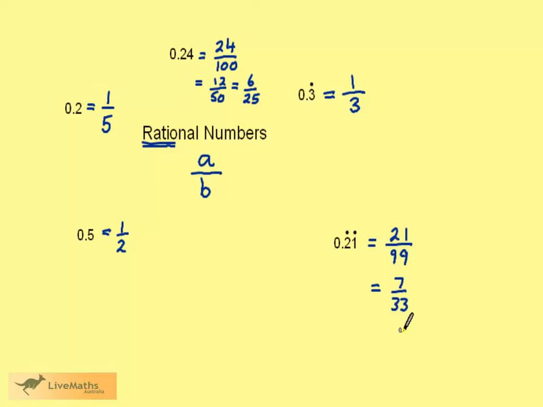So if we have decimals which truncate, i.e. stop somewhere, or which recur, they can be expressed as fractions, and therefore all truncating or recurring decimals are rational numbers.